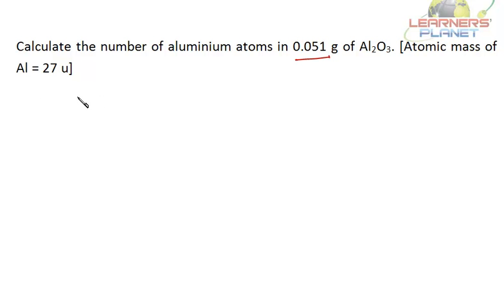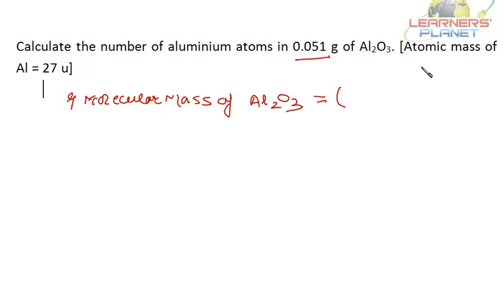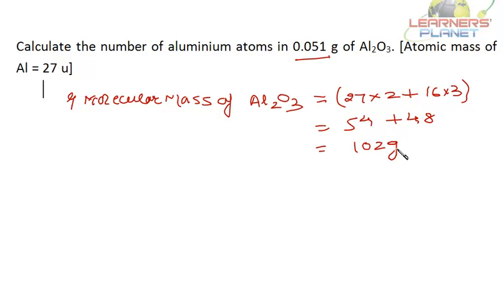For that, let's first find out the gram molecular mass of aluminum oxide. The atomic mass of aluminum is 27, and there are 2 atoms. So 27 into 2 plus 16 into 3. So it is 54 plus 48, and this will give 102 grams.